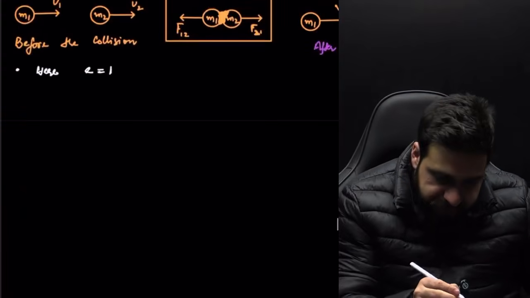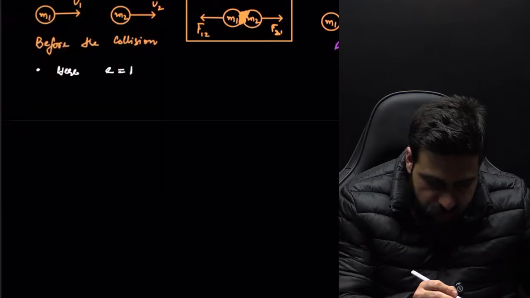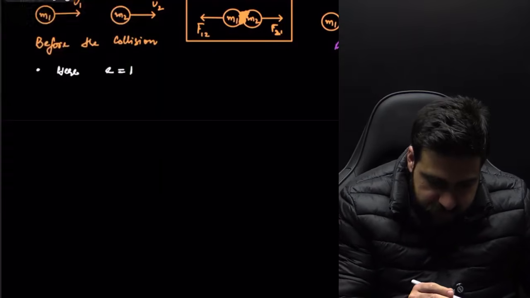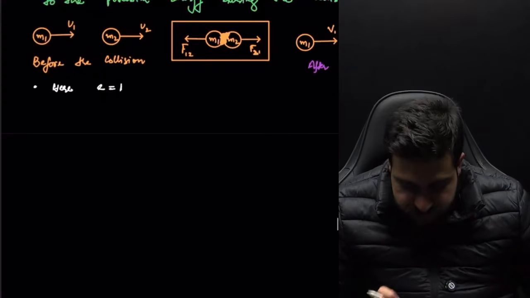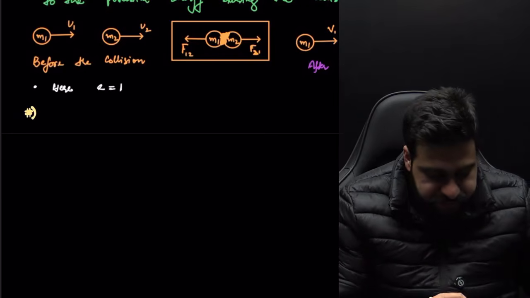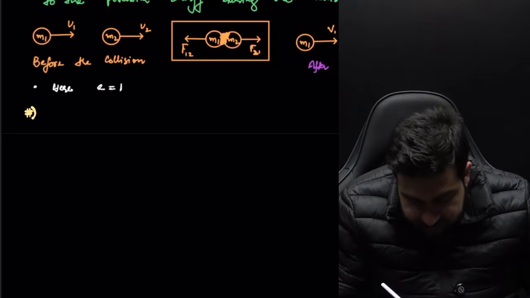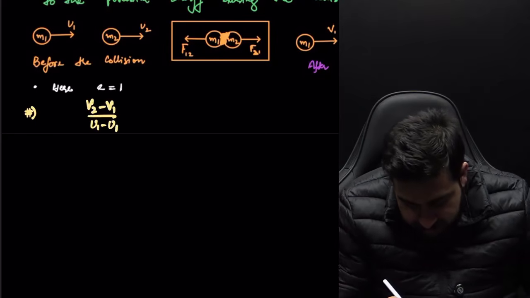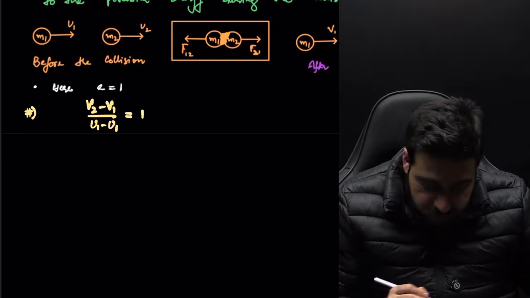The first thing I would want you guys to understand is, if the coefficient of restitution is 1, what are you going to write? V2 minus V1 divided by U1 minus U2, velocity of separation divided by velocity of approach, equal to e, so equal to 1.